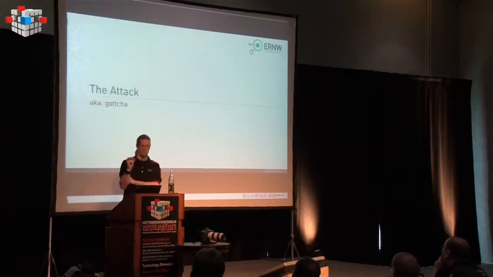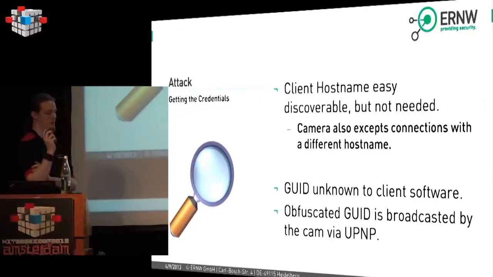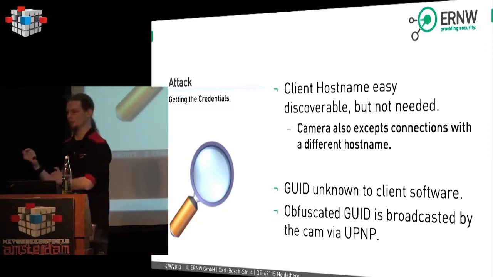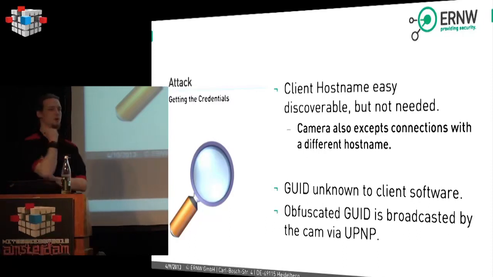Okay, so let's speak a little bit of the attack against this network mode. So obviously, you have to somehow bypass the authentication. It's not as easy as it might seem, because you have seen the authentication data is 16 bytes long. But yeah, after investigating the case a little bit, the host name, for first, is easily discoverable if you use a Windows or a Mac PC, because in the default settings, they just spam their host name all over the network.